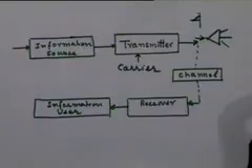Typically, not always, typically a carrier is a pure sine wave signal of a suitable high frequency, right? Why high frequency? So that it is easy to design an antenna which will be able to radiate it, right?